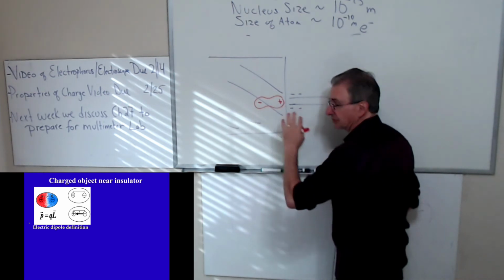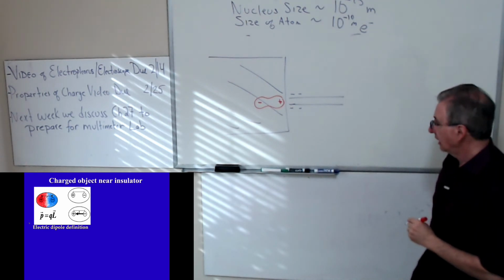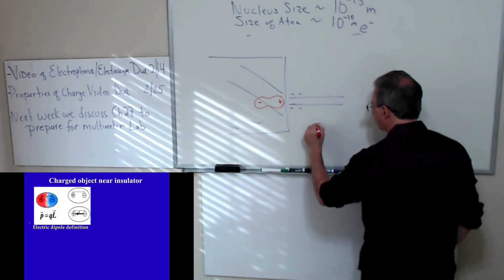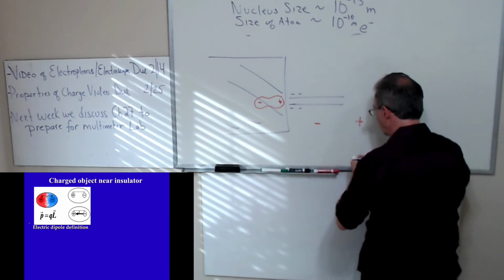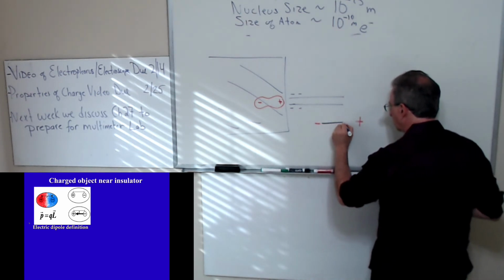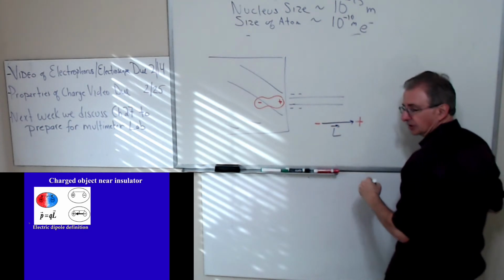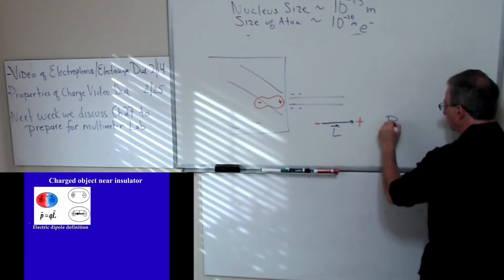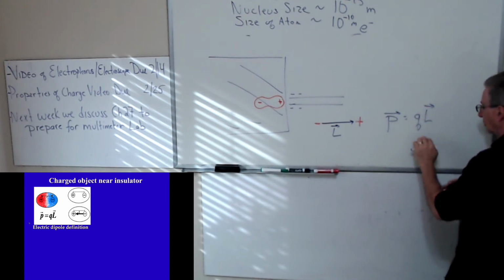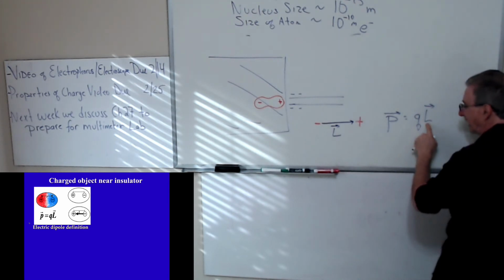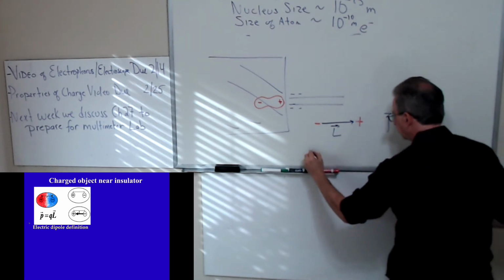These two are equal and opposite charges, and they're separated over a distance L. So we define the dipole moment as a vector, Q times L. Q is the magnitude of these two charges. L is the vector that goes from the negative charge to the positive charge.